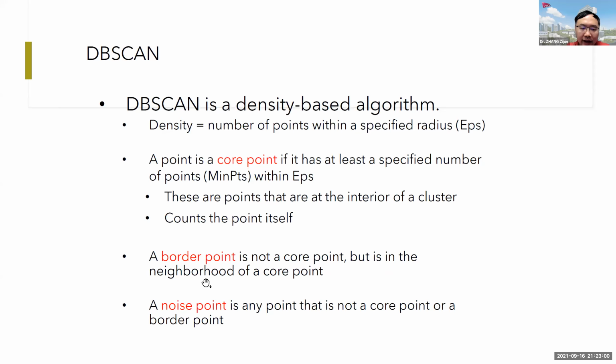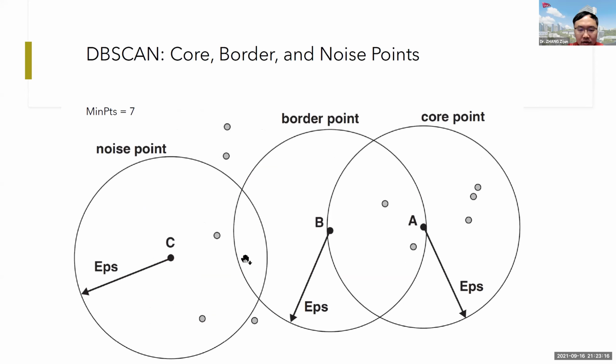Next, we would like to introduce another term called border point. What does a border point mean? A border point is not a core point, but it is in the neighborhood of a core point. Let's look at the example.